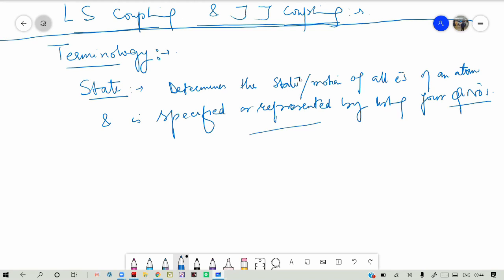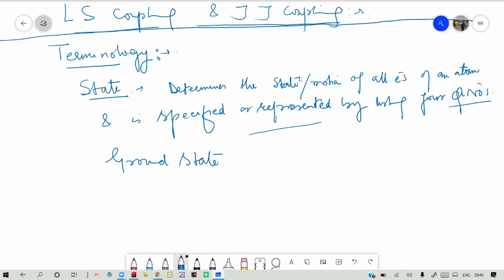The lowest energy state is called the ground state. For what value of a given quantum number the state is the lowest energy state is another topic.